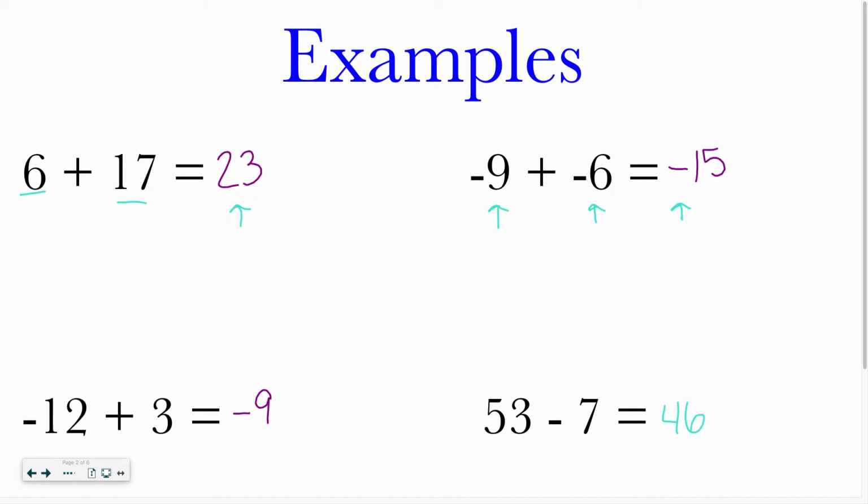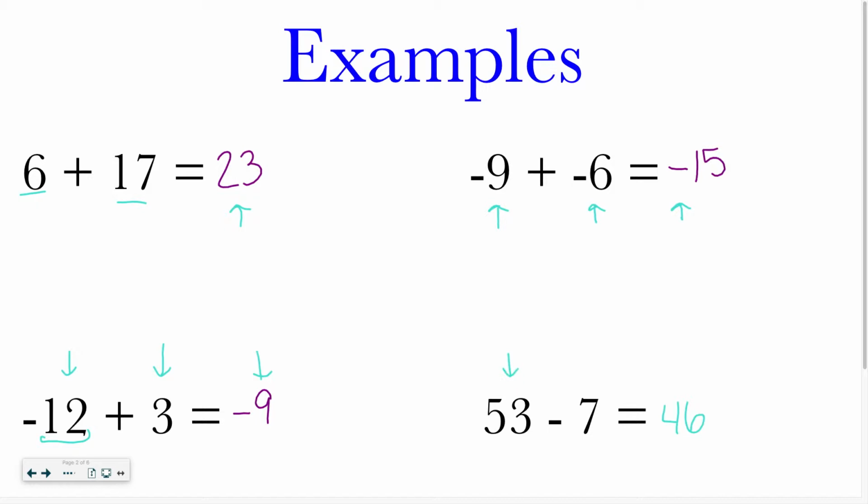And then next, look, we have a negative number plus a positive number. Our negative number was the one that had the larger number behind the negative symbol. So our answer ended up being negative.